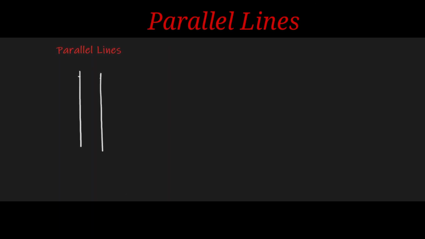Now let's come to the next lines, that is parallel lines. Parallel lines are those lines which never meet. You can see in the figure they are not intersecting anywhere. So it is the opposite of intersecting lines.